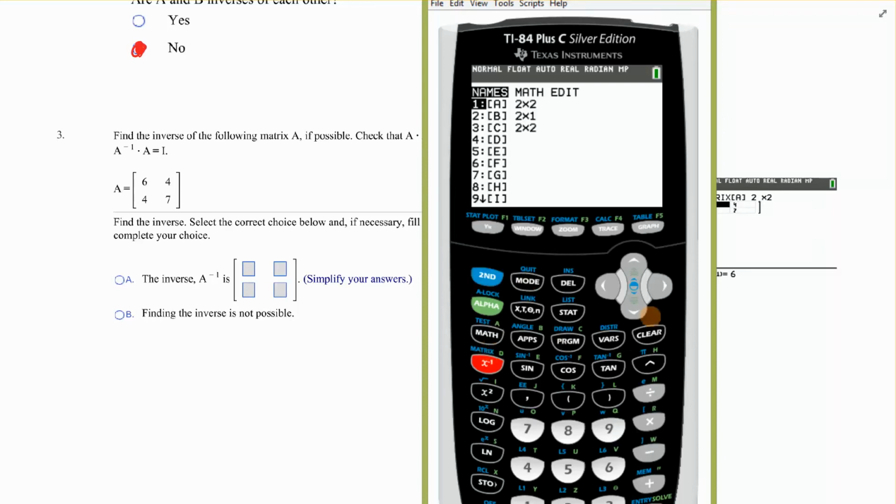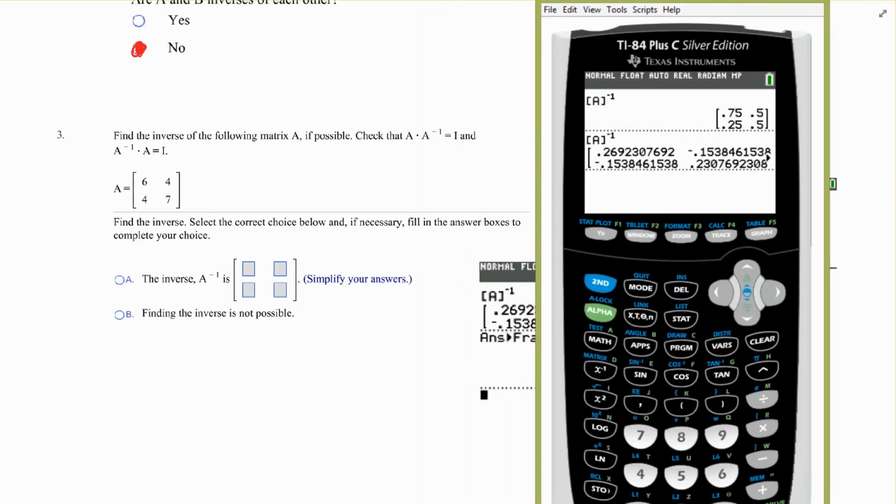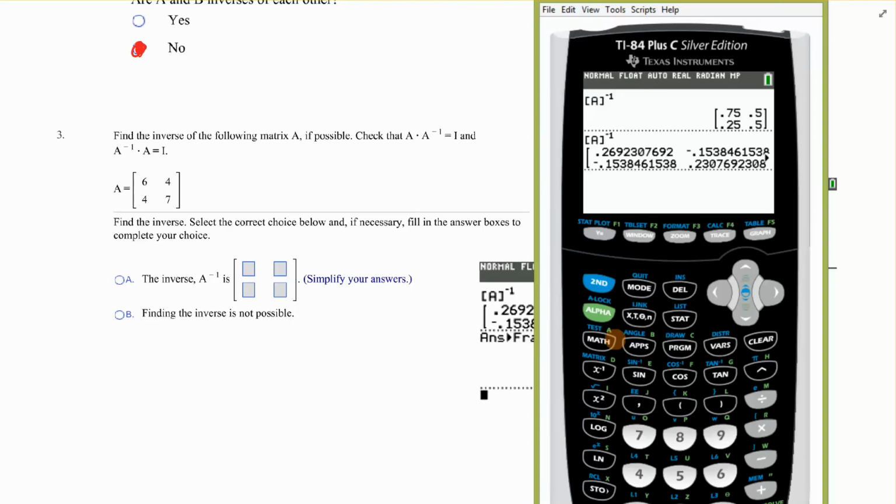Second matrix, over to edit. It is a 2 by 2. We're going to put in 6, 4, 4, 7. Always do a second quit out of that. And let's do second matrix, grab A, and hit the inverse key and enter, and we get these really large answers, and they want us to simplify that, meaning they really want us to put these in fractions.